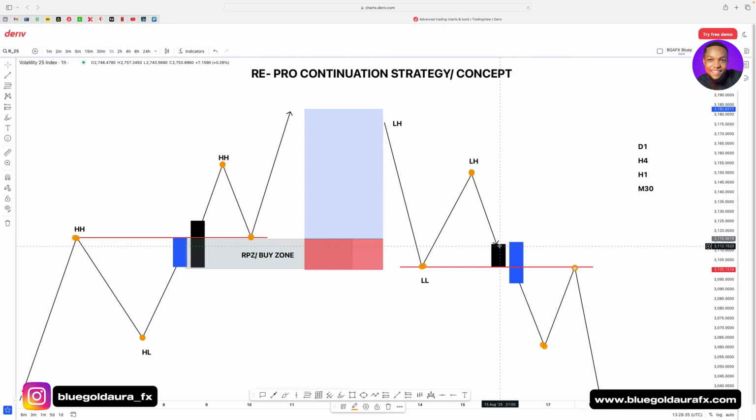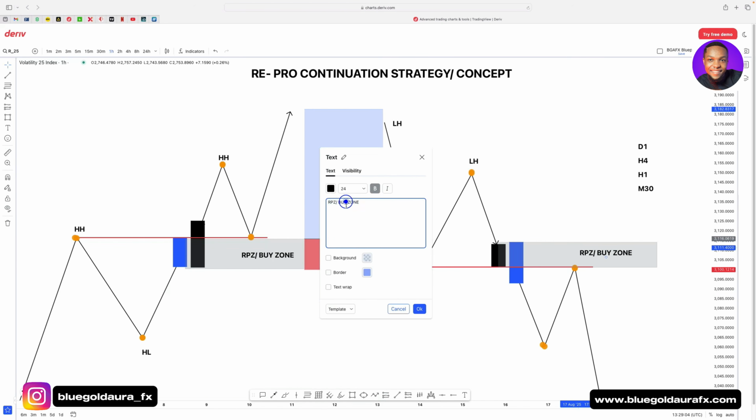Price comes in here, gives you what looks like a bullish candle as if it wants to buy, enticing people to buy before actually forming an engulfing candlestick pattern to the downside, breaking this structure, pushes all the way down and then comes back. When the market comes back, we want to mark this engulfing zone as our RPZ sell zone. Okay, we want to mark this as our RPZ sell zone.